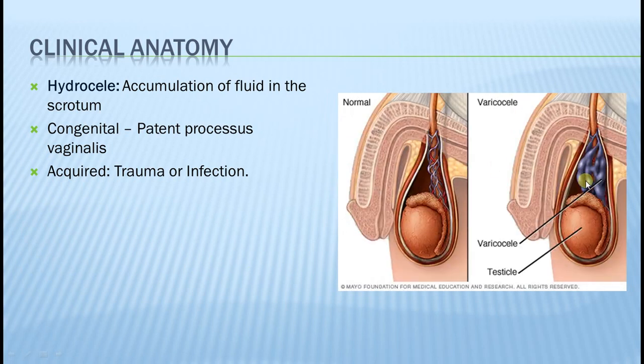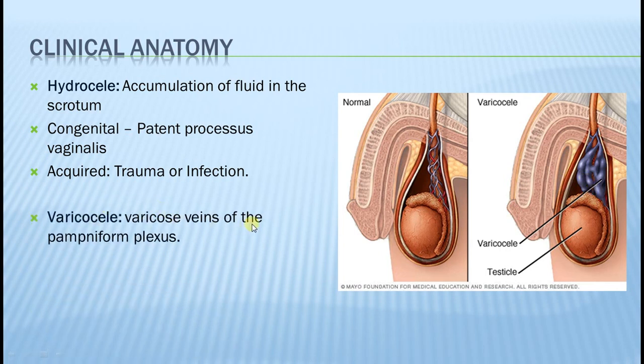Next is varicocele. You have seen varicose veins of the lower limb. Here, varicose veins of the pampiniform plexus is called varicocele. If these veins are inflamed, then there is no proper venous drainage. It is like a plexus surrounding the spermatic cord, so heat exchange from the arteries to the veins takes place.